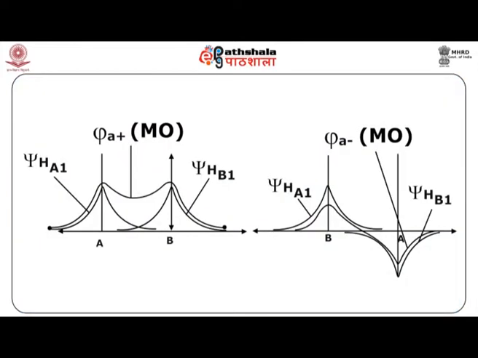Here you can see that in the left hand diagram we have psi HA1, which is the atomic orbital of the hydrogen atom. Its variation is shown. Then we have psi HB1, and the bonding molecular orbital, which is obtained by the additive combination of these two, is shown here, and that is the Phi plus MO.